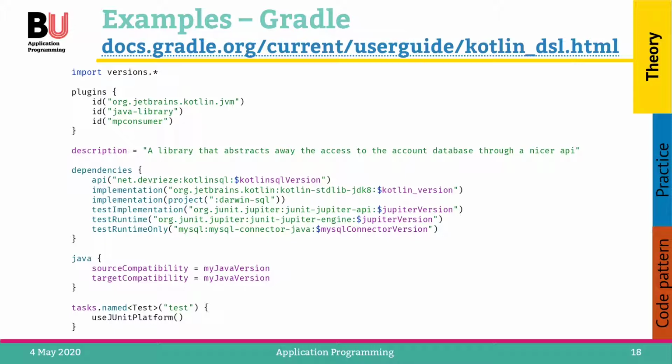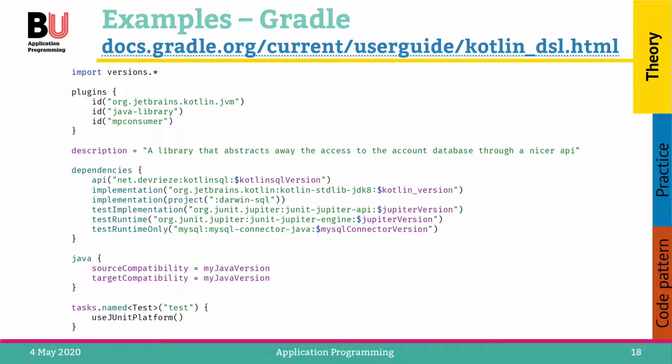Yes, it happens that these dependency blocks get executed, and then these are function calls that actually result in updating some configuration objects, but we don't need to care. It looks really, really natural. And with this configuration, we can then use that to build our code.